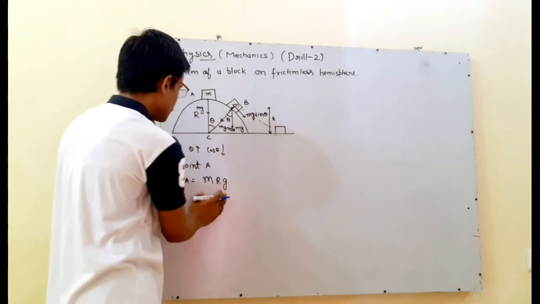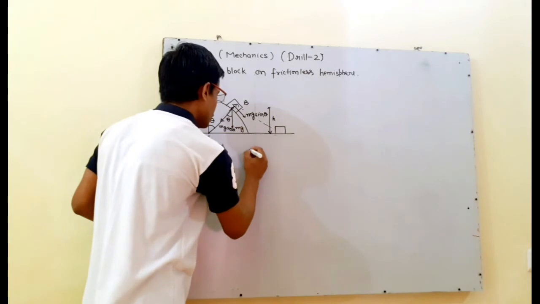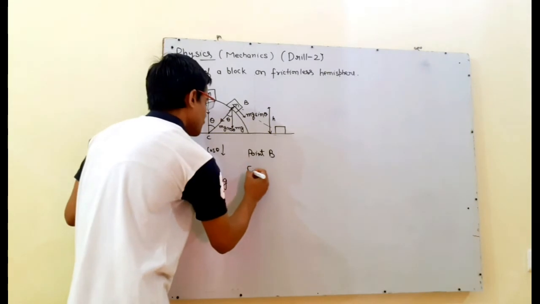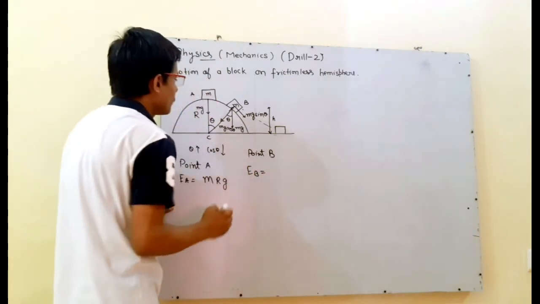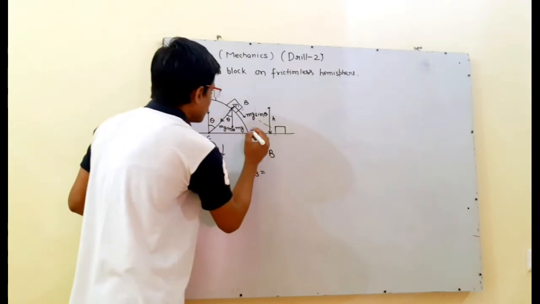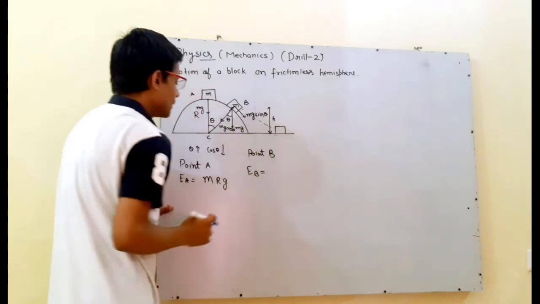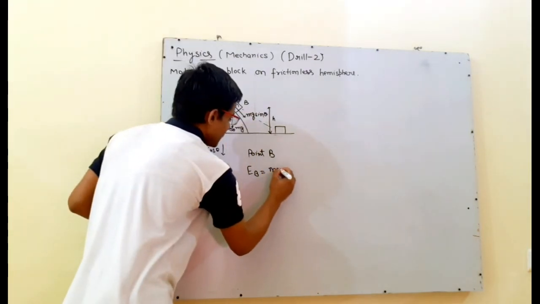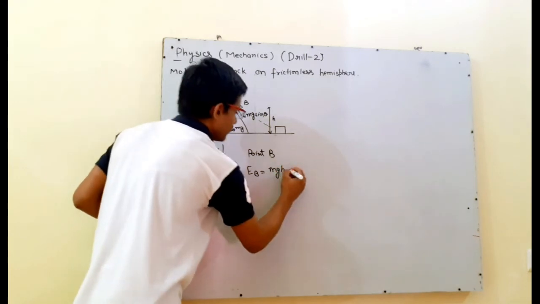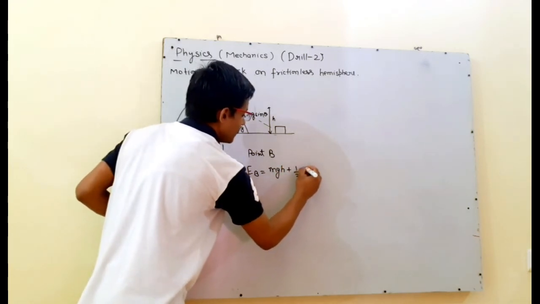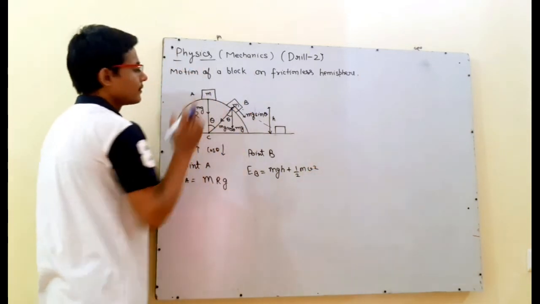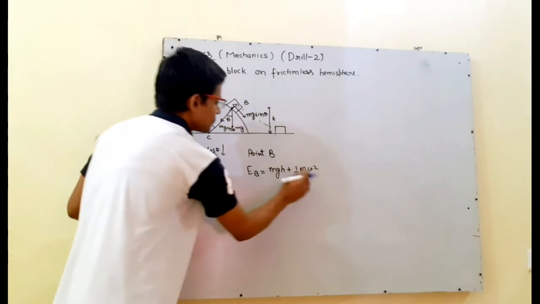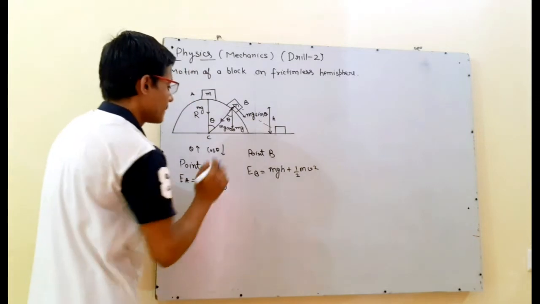So this is the energy at point A. And what is it at point B? At point B, you have the energy mgh plus half mv square. It gains some velocity while sliding on that surface. So this velocity will be v.